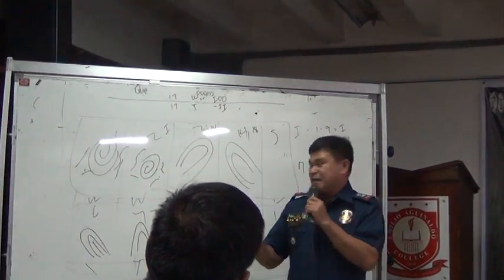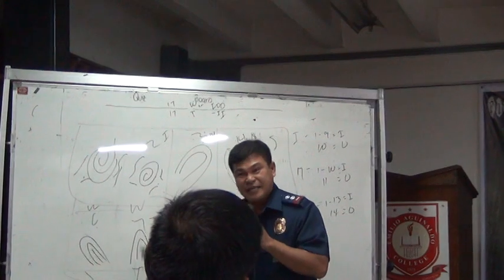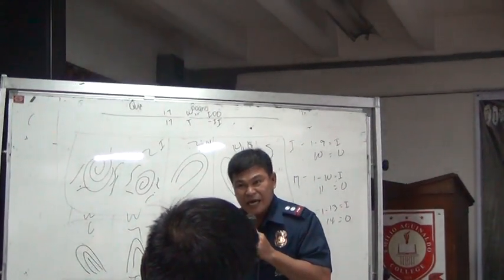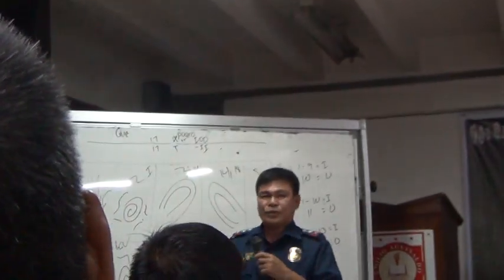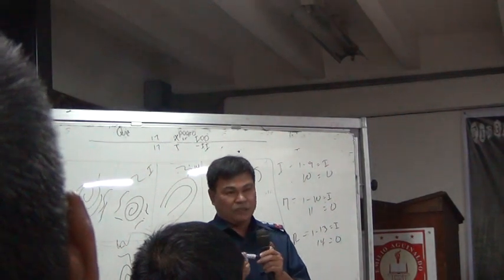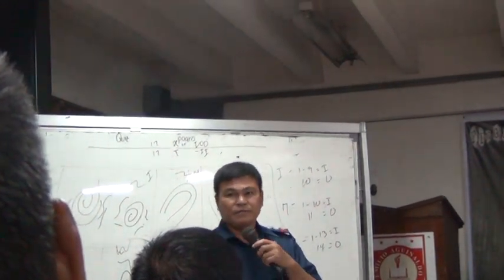Okay. Kung that is accidental, ilalagay mo po dito is X. How about with the blocking, sir? So, W, because that is part of the whorl.